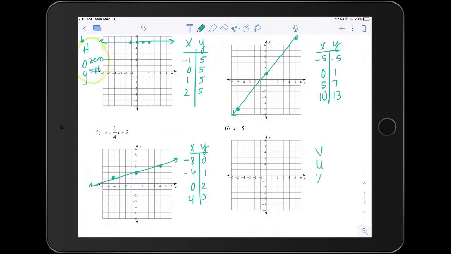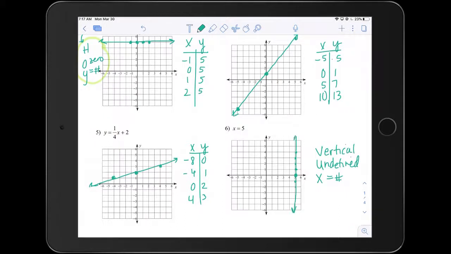So x is equal to a number, it's going to be a vertical line, and it's going through the x-axis at 5. Remember, it has an undefined slope, so that means that it's going up and down. So I'm going to draw a vertical line at x is equal to 5 because it's going through the point 5 on the x-axis.